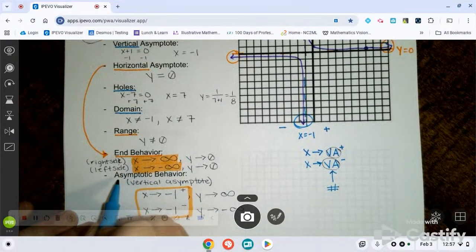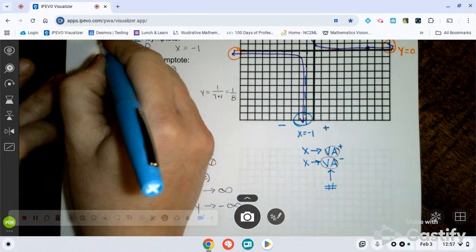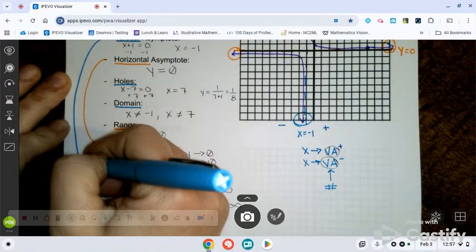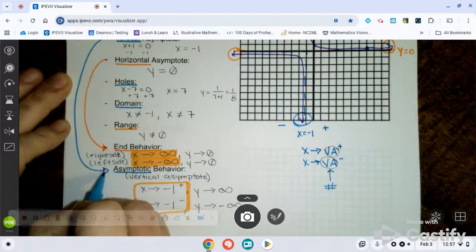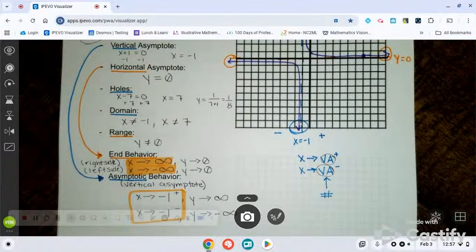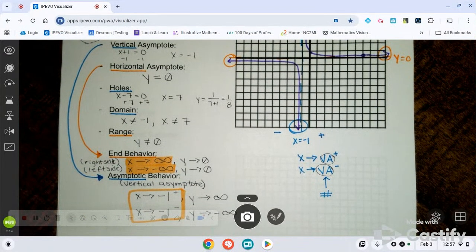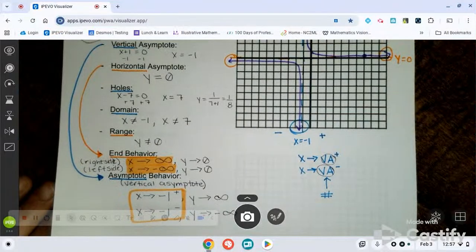So again, color coding this, the asymptotic behavior is buddied up with the vertical asymptote. So you're either looking at the vertical asymptote or the horizontal asymptote to figure out your behavior, whether it be end behavior or asymptotic behavior.